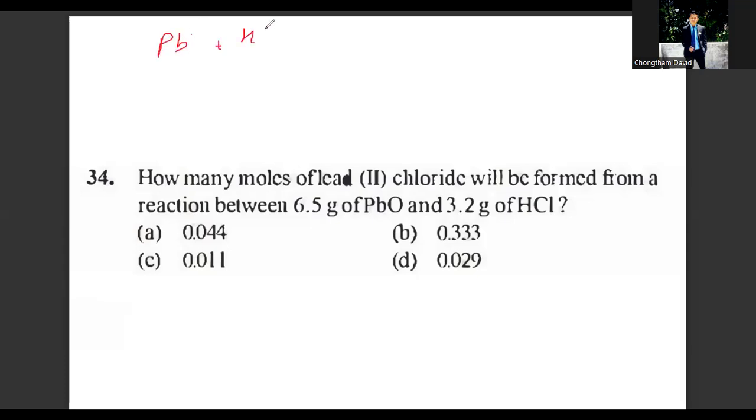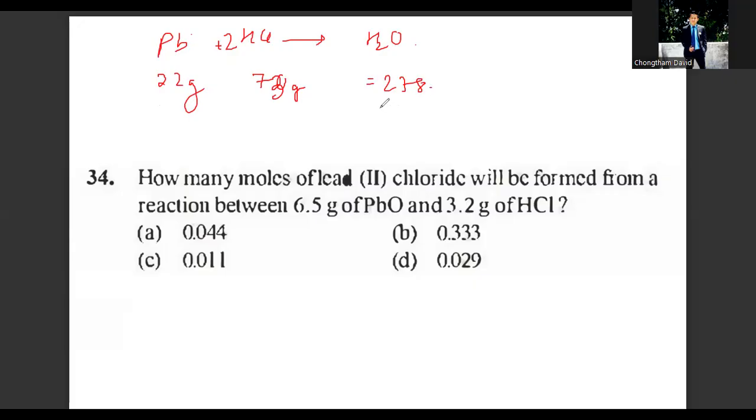Lead oxide plus HCl gives PbCl2 plus H2O. Put here 2. And what is the given atomic mass? 220 gram. Then this is 673 gram. What about water? 278 according to the question.